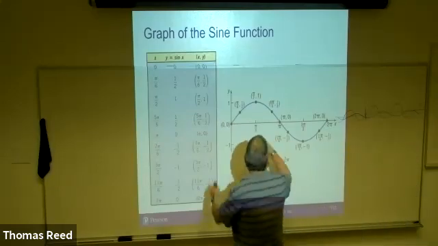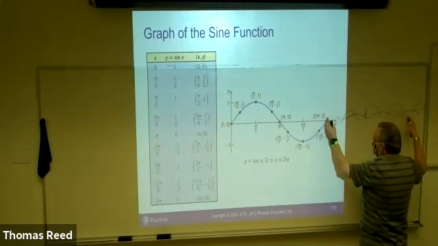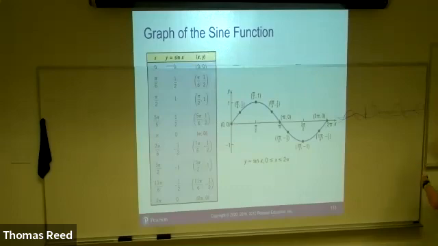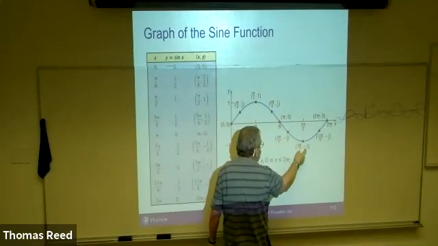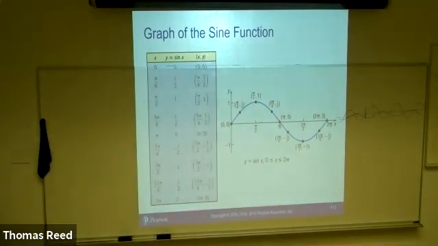So this just gets moved to here. And so we just dovetail it here, and then we dovetail it again. So it just keeps going up and down, all the way. The highest it gets is 1, the lowest it gets is -1. And the period keeps repeating.